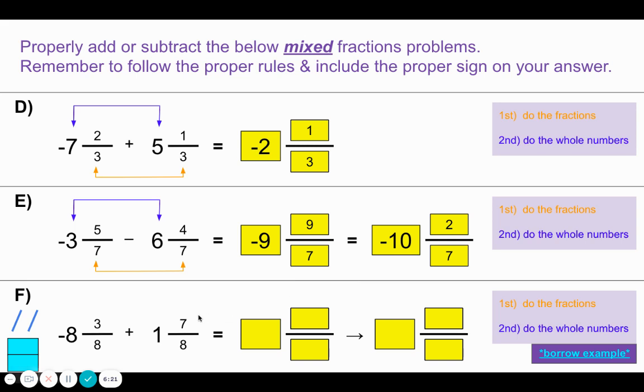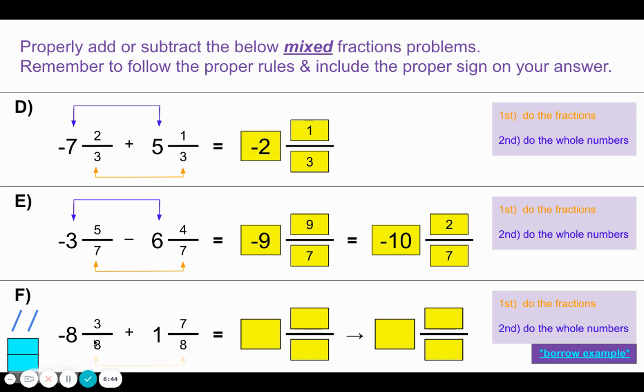All right, and then here's one more with the borrowing. So we got a larger negative here and a smaller positive here. So again, since they're opposites, we got to subtract. And since this one's bigger, we're going to start with this one. So we cannot have 3/8 and then take away 7/8, so we got to borrow.